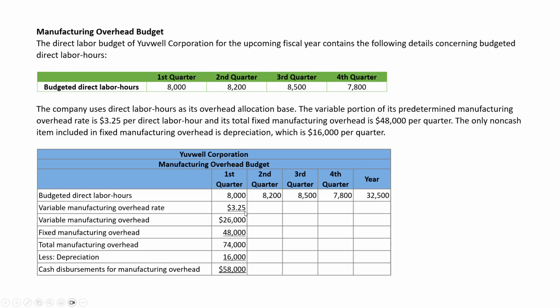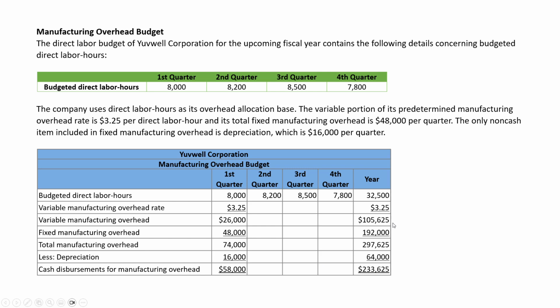So we're going to back out or subtract out any depreciation that's included as part of the cost, but isn't current cash that we're paying out. So let's subtract out that $16,000 that we predict as depreciation for each quarter. $74,000 minus the $16,000 means the actual amount we predict that we're spending for manufacturing overhead in the first quarter is going to be $58,000.